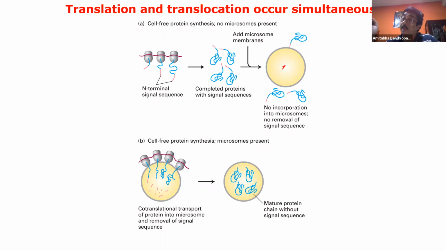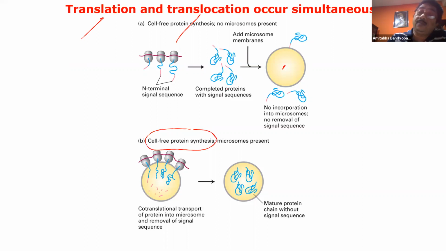On the other hand, if the microsomal membranes are present while the proteins are being synthesized in the cell-free in vitro system, then they are protected from proteases, because they are inside the microsomal vesicle on the luminal side. So translation of the protein and translocation into the ER must happen simultaneously.